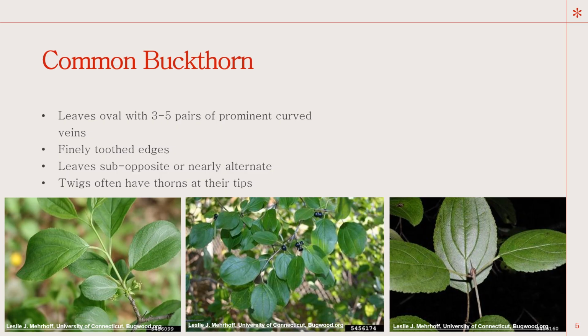They're what we consider sub-opposite, so they're not quite opposite, but they're not always alternate. They sort of vary, so not always a great giveaway unless you have those sub-opposite ones, as you can see in that far right picture here. In that picture, you'll notice it does have a little thorn at the tips. These twigs often have that thorn, where it gets its common name from, buckthorn.